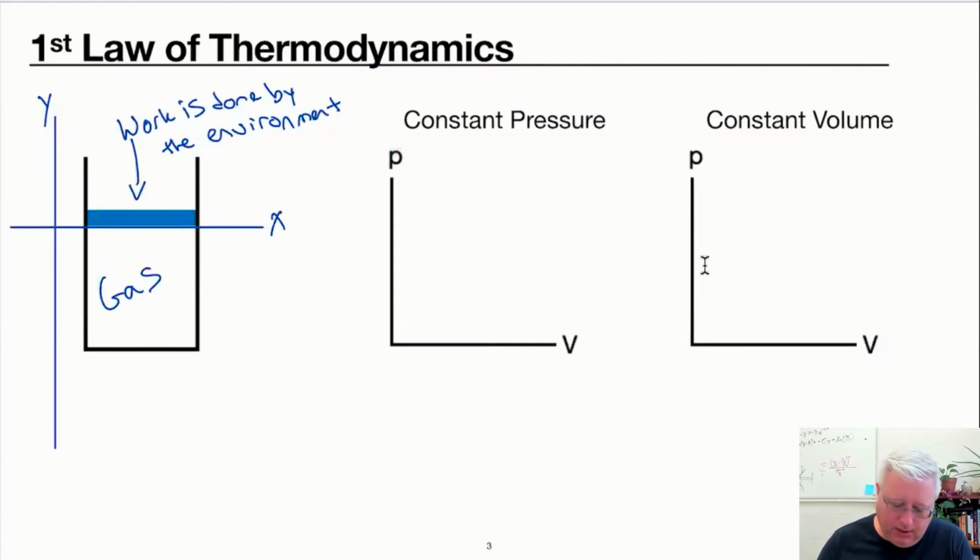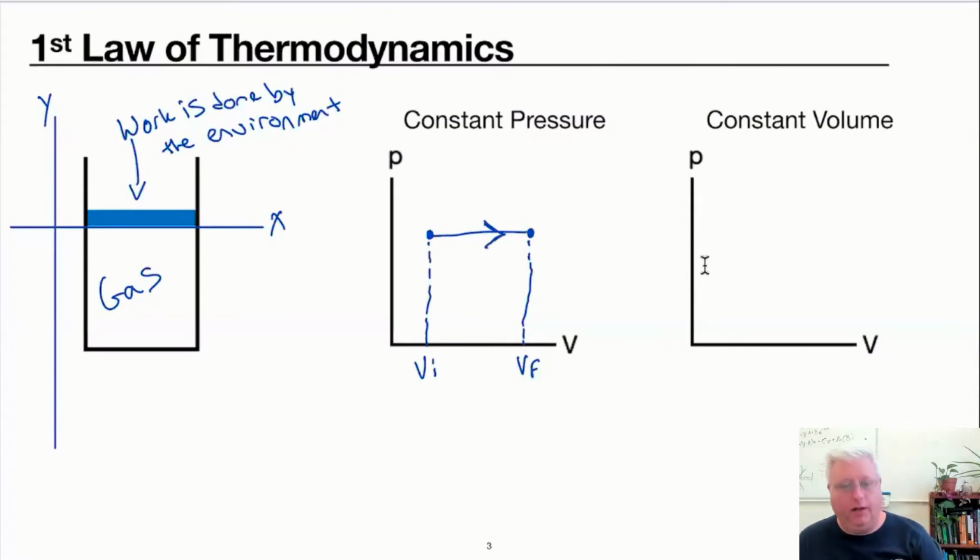And so if it expanded, we could say that it had an initial volume, right, and then a final volume. Okay. And then we could draw a little diagram showing how it went from a smaller volume to a larger volume. It expanded.